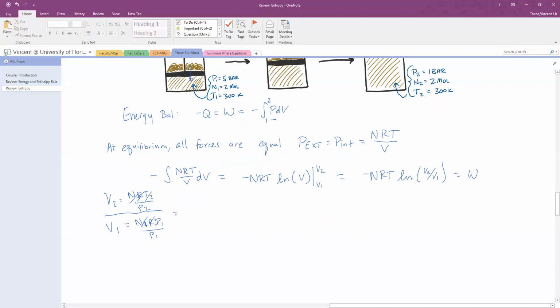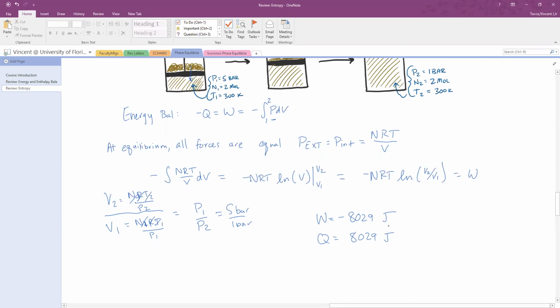The R's and the T's also cancel, and I've got P1 over P2, or 5 bar over 1 bar. So I'll leave you to plug in your own variables here again, and I'll just give you what the final answer is. So doing the calculation here for the reversible system, I get work is equal to minus 8,029 joules, which means that Q is the negative of that, positive 8,029 joules.